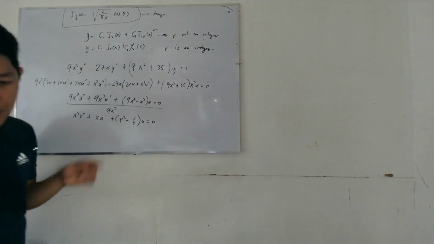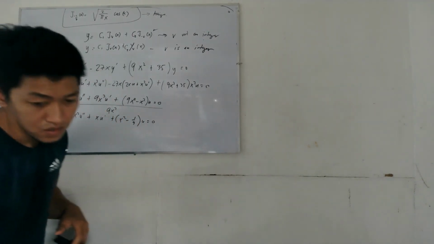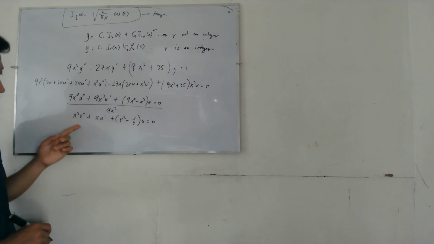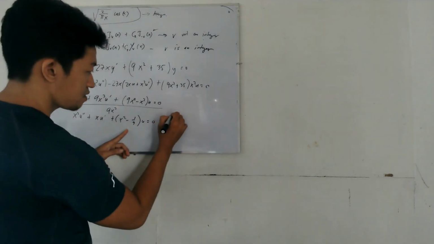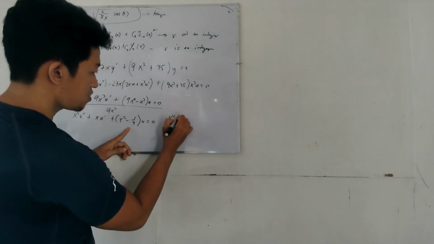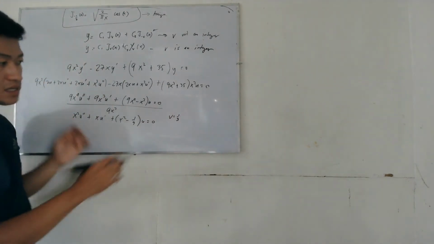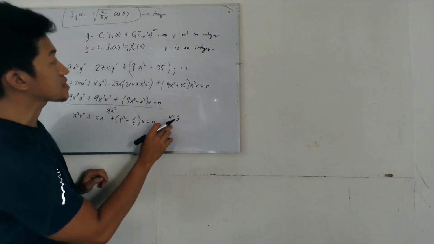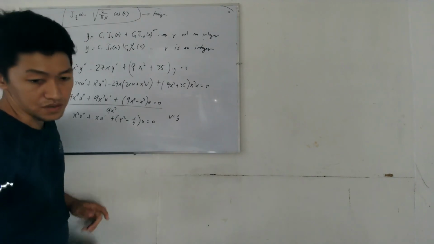Okay, so this is now a Bessel equation. No, this is a Bessel equation with v is equal to 1/3. Take note, this is not an integer, so ano yung general solution?